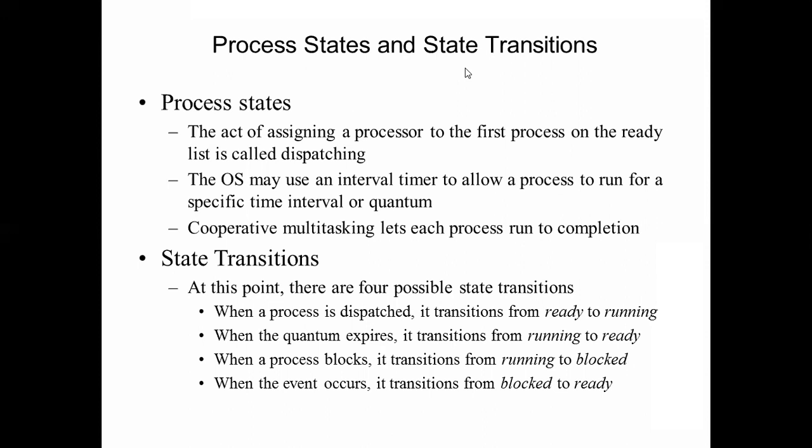When the quantum expires, it transitions from running to ready. This is a particular time interval. If in that slot the process does not get the command to run, suppose there are several processes and you are giving priority to another process, then the time interval will expire for the other one, and it transitions from running to ready.